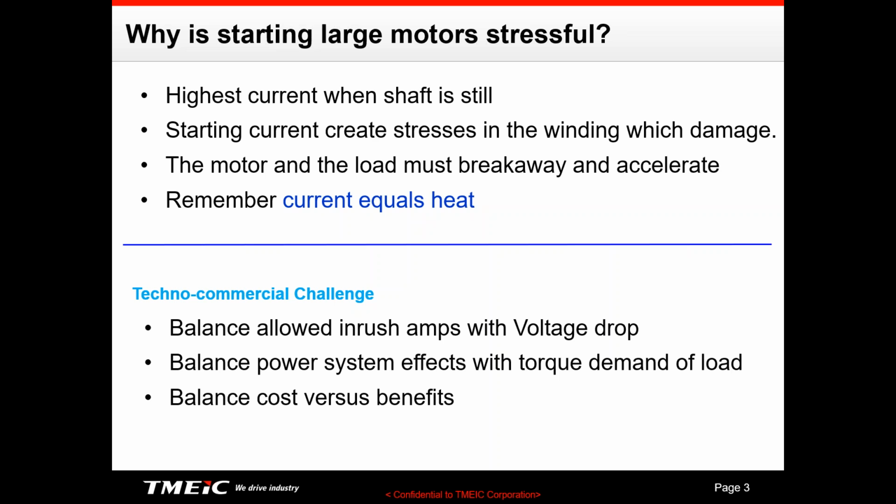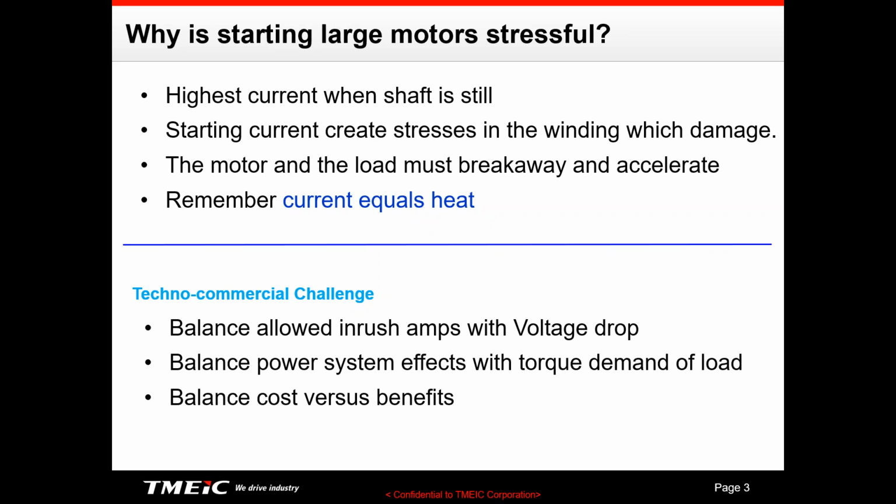Okay, those are the technical aspects for the motors, and then we also need to look at the technical and commercial challenges from the end user standpoint. You have to balance the allowed inrush amps with the voltage drop, which means you need to think about how much inrush current is allowed for my electric motor versus the voltage drop you're going to see on the utility system.